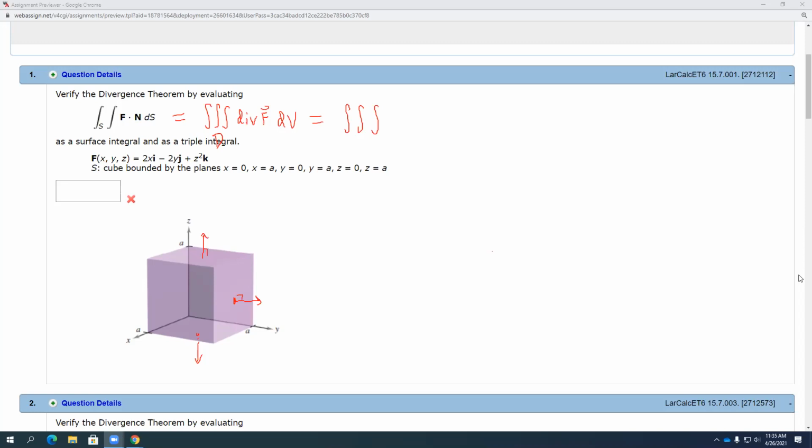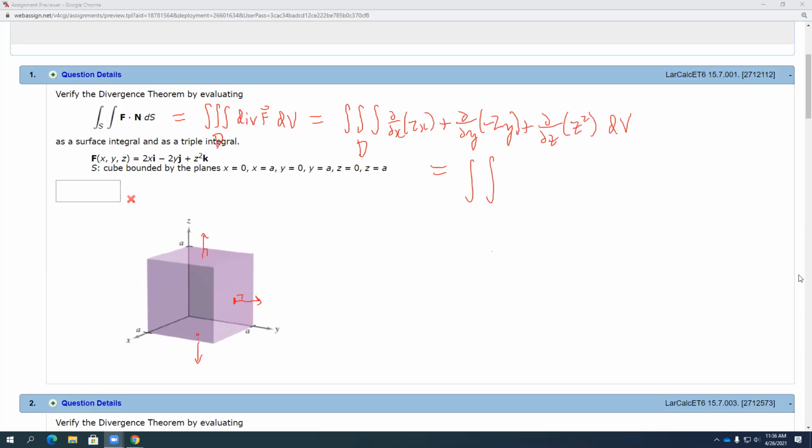Dot the gradient with it. Yes, you dot the del thing with that thing. So you take the x derivative of the first coordinate plus the y derivative of the second coordinate plus the z derivative of the third coordinate. So it's going to be partial with respect to x of the first coordinate plus partial with respect to y of the second coordinate plus partial with respect to z of the third coordinate, which is z squared, dV.